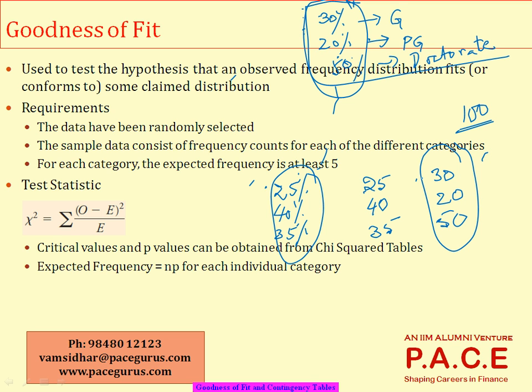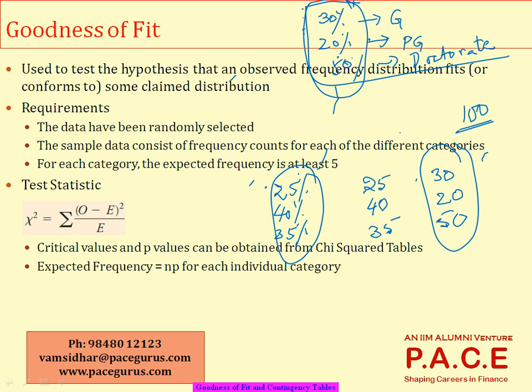So in that case, where we are only counting, where the analysis is more about the frequencies of the various categories in a sample of data and comparing it with the expected frequencies.